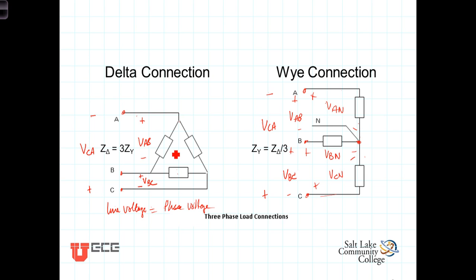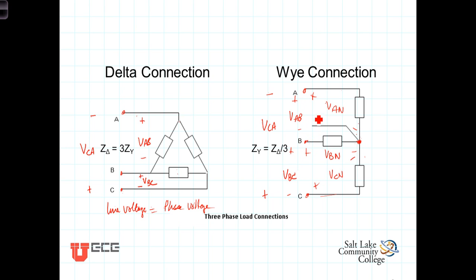If this load was connected to the same source that this load was, the line voltages, VAB, VBC, and VCA, would be the same as the corresponding line voltages over here. Again, not meaning to belabor it, but because there is a neutral point, a common point where each of these phases is connected, the phase voltage is not the same as the voltage between two lines.